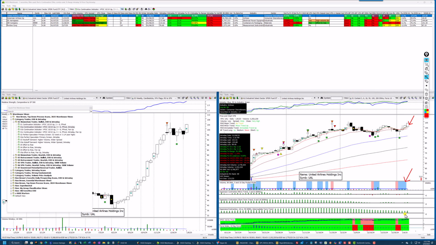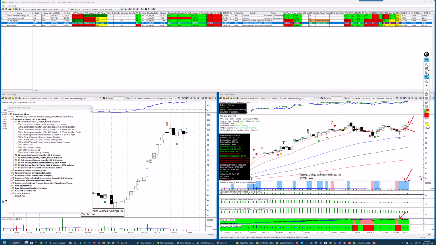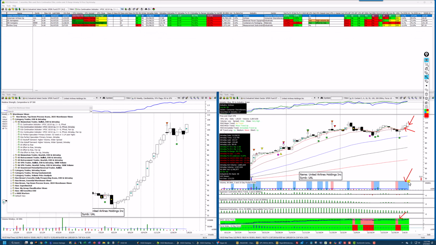The volume point of control has to be positive, and the close has to be greater than the open. So that is my continuation filter. Now, if there is an effort to rise rather than the pocket pivot volume, that also counts as a continuation, passing the continuation screen, I should say.